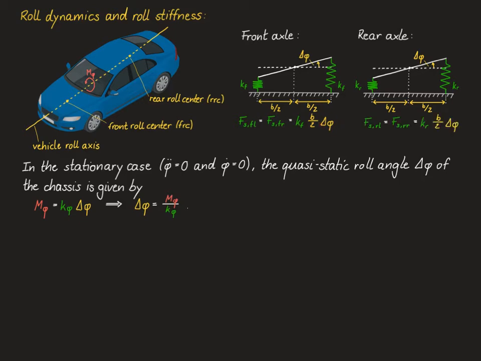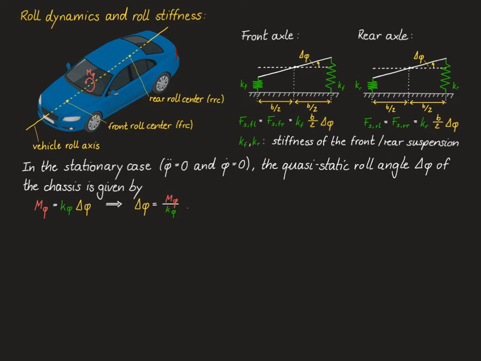And the same thing holds for the rear axle, of course, only that now we're talking about the rear spring forces on the left and on the right, and we have the stiffness of the rear suspensions, kr.